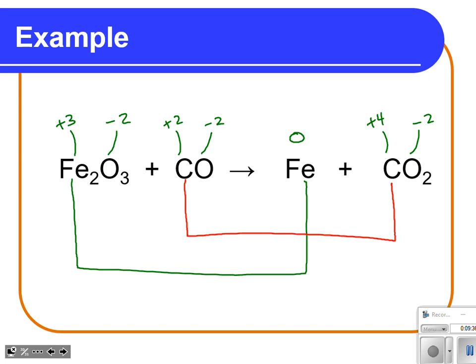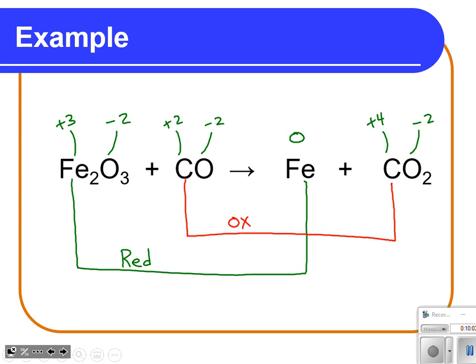And after I connect them, I'm going to write down which is doing what. So carbon was losing electrons, so carbon was being oxidized. That means that my iron was gaining electrons, so my iron is undergoing reduction.